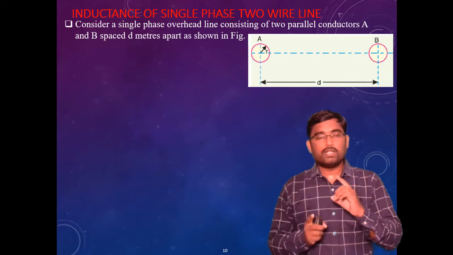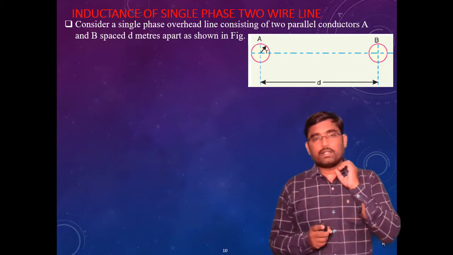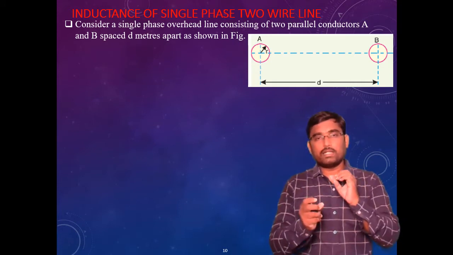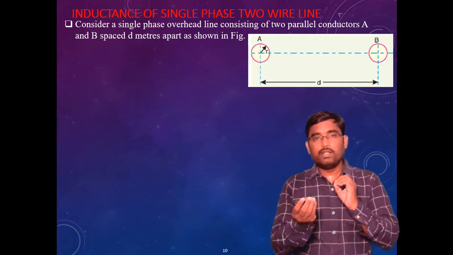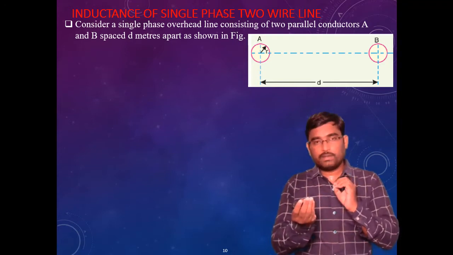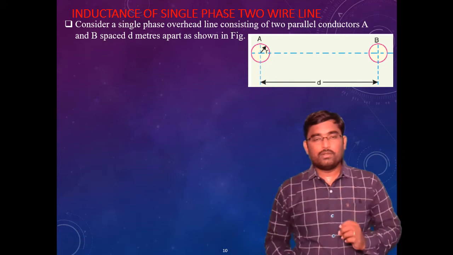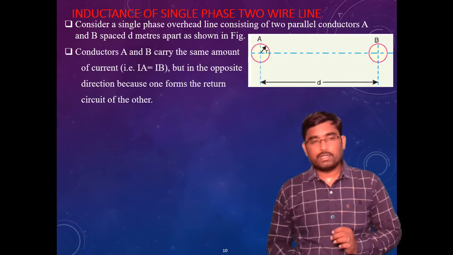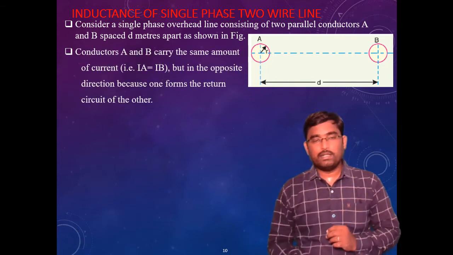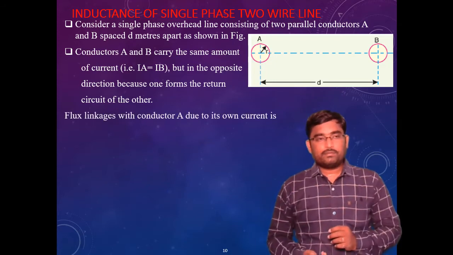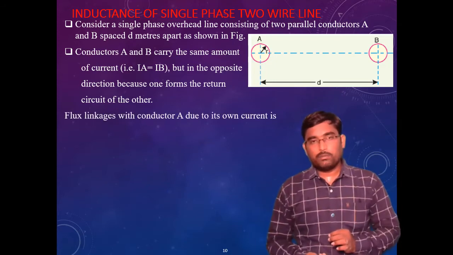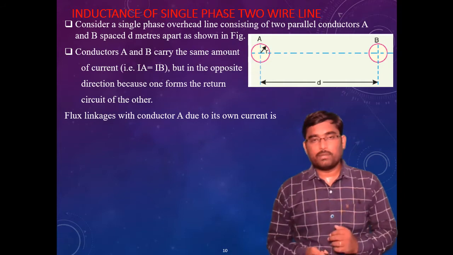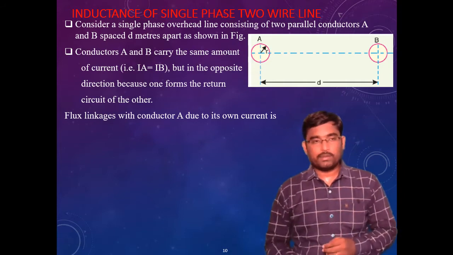Minus I means if conductor A is carrying a current of I amperes in this direction, then conductor B will be carrying a current of the same magnitude I amperes in the opposite direction. The radius of each conductor is r meters and the distance between the two conductors is d meters. See here, Ia equals Ib, meaning the current carried by the two conductors is the same, Ia equals Ib equals I.